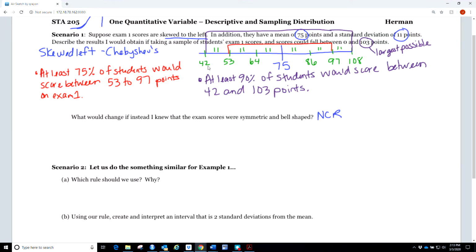So I would still get the same numbers that I see there. What I would get to say instead, though, is that 68% of students would score between 64 and 86 points.